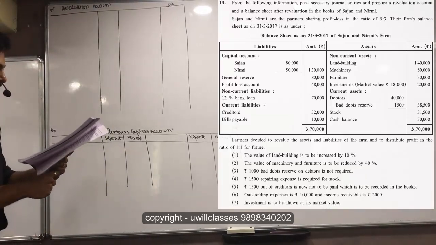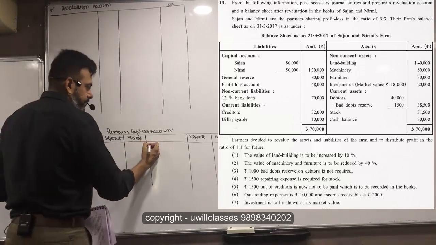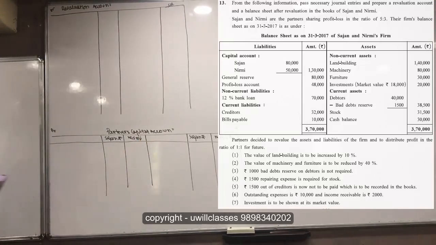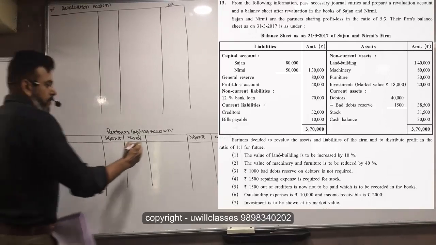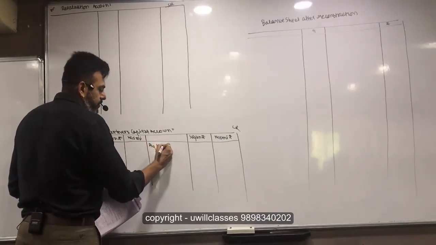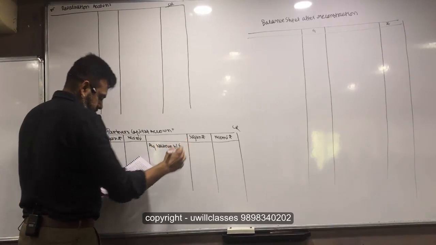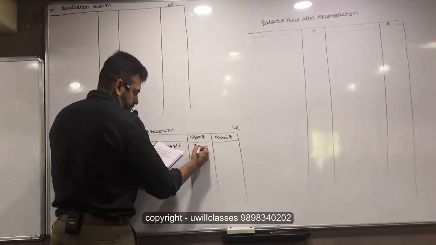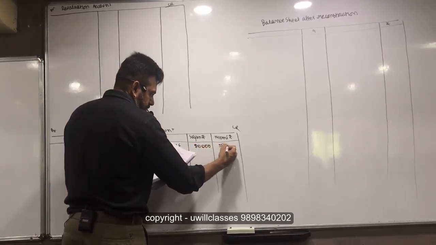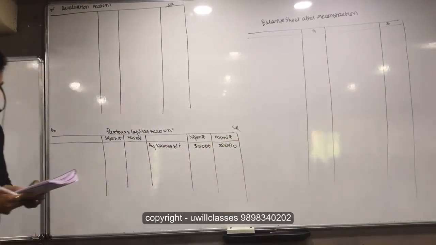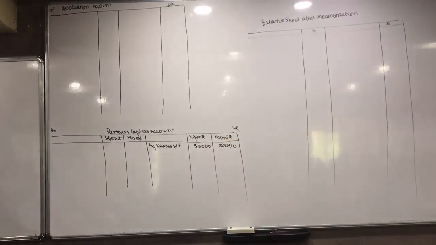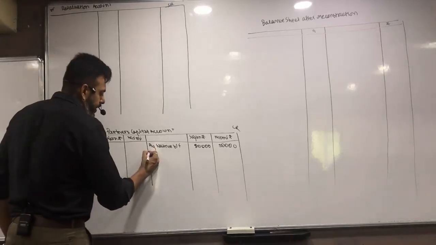Now, first of all we start with the capital account. By balance brought forward 80,000, 50,000. General reserve is distributed between partners. So general reserve, a liability side part of profit, will be debited and partners' capital accounts will be credited.